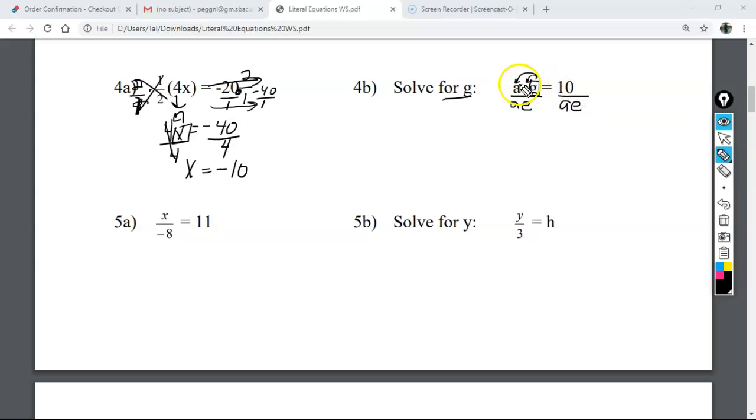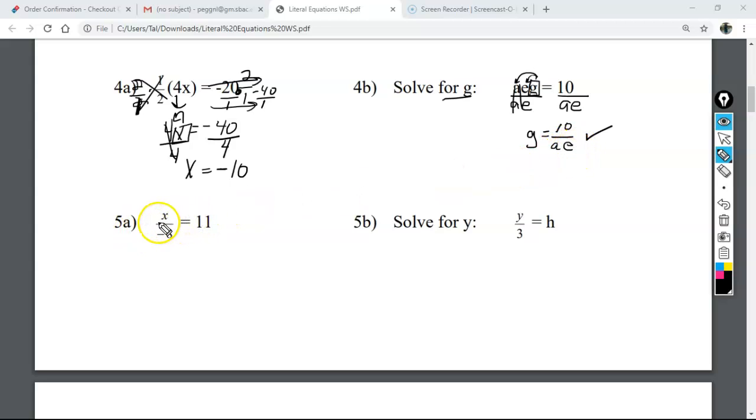That's 2 variables in 1 step. All right, then I would be left with G equals, and here there's nothing I can do. I cannot combine anything. None of these are like terms. So it's literally 10 over AE. So there's no really nice formed answer there. It's G equals 10 over AE.